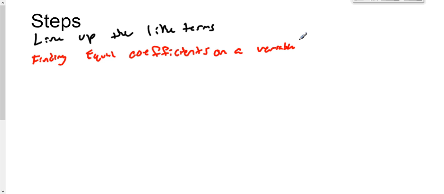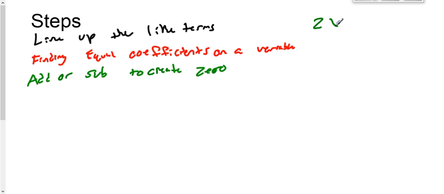So it's a 2x on both, or it's a 5y on both. Once we do that, we're going to add or subtract to create 0. So if we have a 2x in both of our problems, 2x over a 2x, we're going to end up subtracting that so we can make a 0x and make it go away. This is where the system gets its name, elimination.